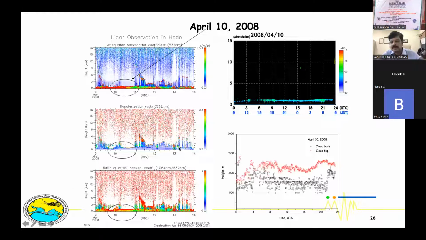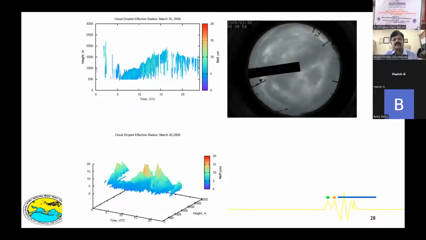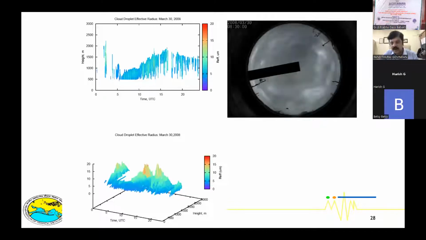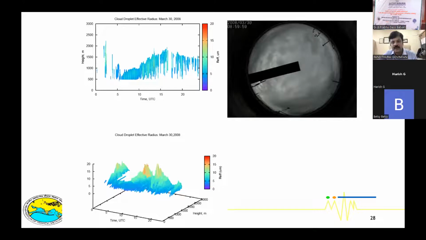There was another case, and for some of the cases I could get all observations available: LIDAR with aerosols, in situ measurements, and the radar measurements. The radar data was used to derive the cloud droplet size, with some assumptions involved because we did not have the cloud droplet number concentration directly.